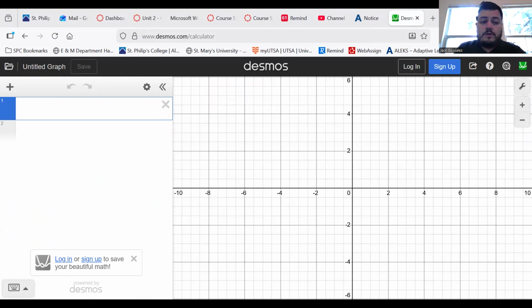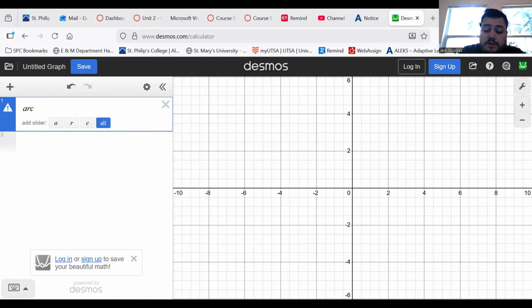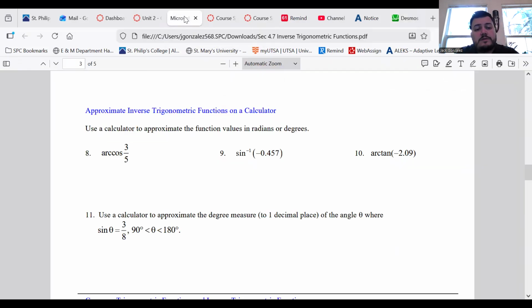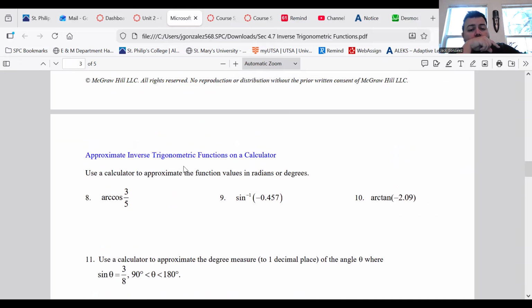First we have to decide if 3/5 is within the domain of arc cosine. And it looks like we're good. So we just round to whatever they ask.